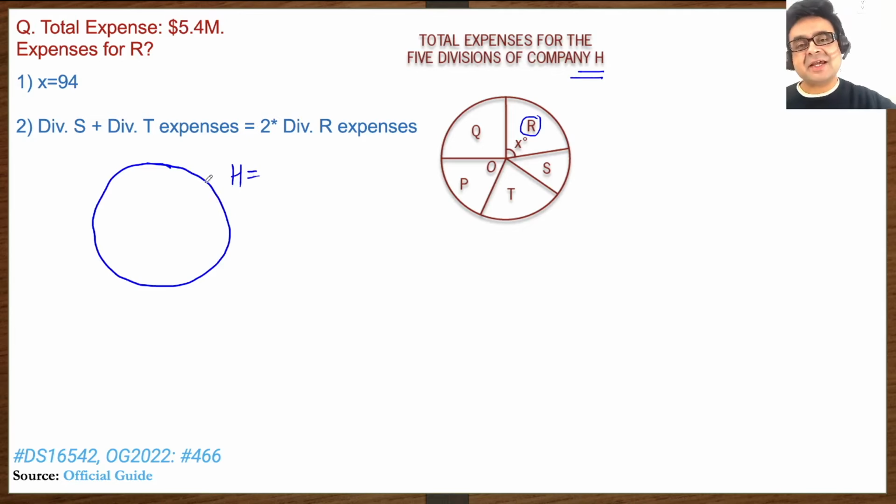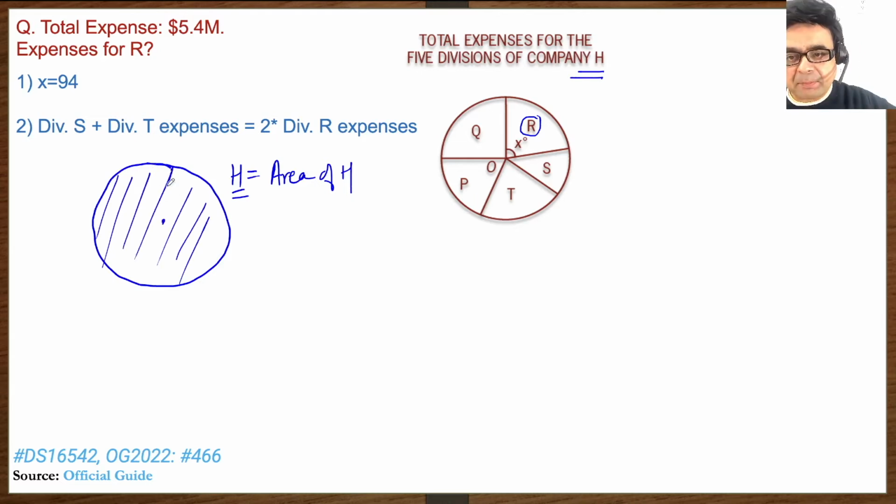When I say that the expenses of my company H is this circle, I really mean that expense can be represented as the area of H. So this whole thing is H. When I take a portion of this area, which is this X, I'm saying that the area of this particular part of the pie is representative of my division R's expenses.